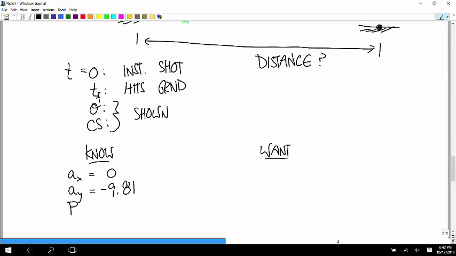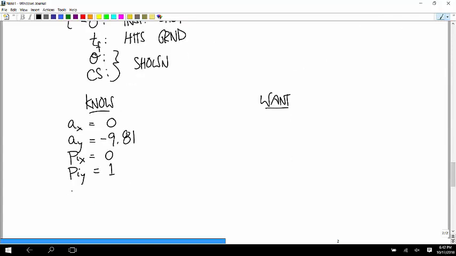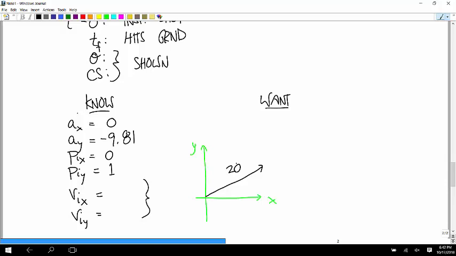Acceleration, it's free fall, so AX is 0, AY is negative 9.81. Initial position, PIX is 0, PIY is 1. Initial velocity comes from the coordinate system: the vector has a magnitude of 20 and an angle of 30 degrees above the horizontal.